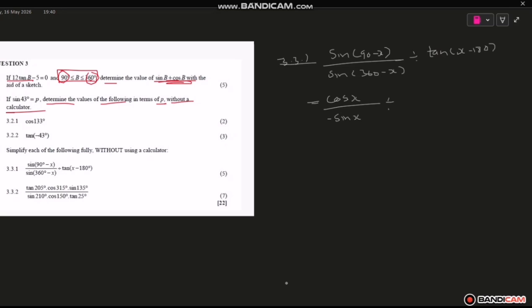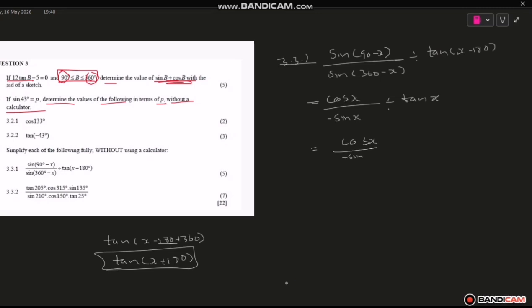Let's try to solve this aside. We add 360 because 180 is a negative angle. Therefore, it's going to give us x plus 180. It is the same thing as tan theta equals tan 180 plus x. Therefore, it's going to give us positive tan x. I hope you understood this.